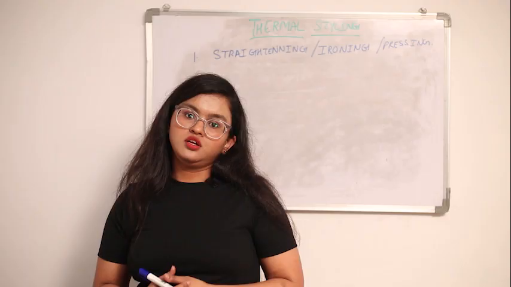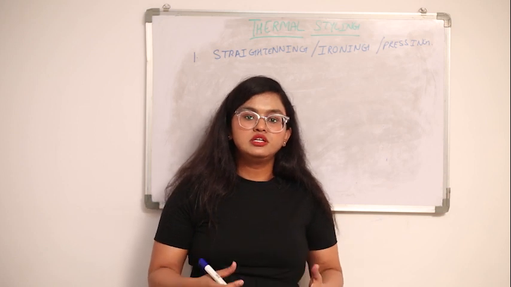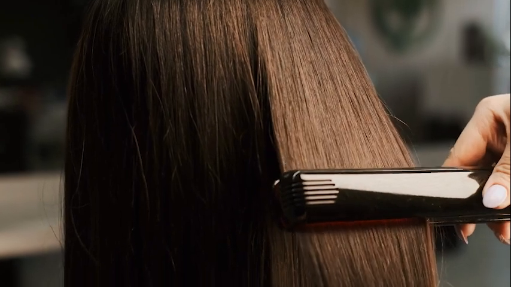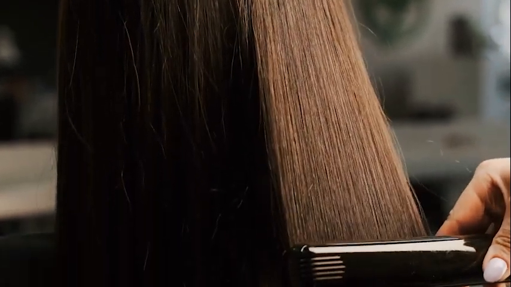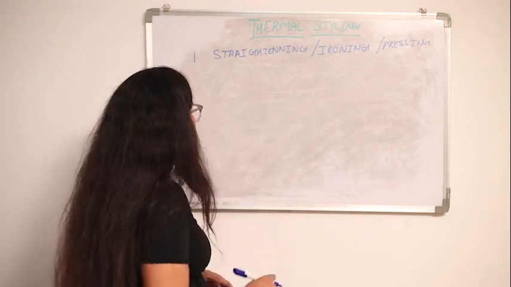For example, for people with curly or wavy hair, we will use straightening. For people who want a very neat finish in the hair, for example if we are treating curly hair and we have to do any hairdo, first we have to straighten the hair, then do straightening for a smoother and frizz-free look.